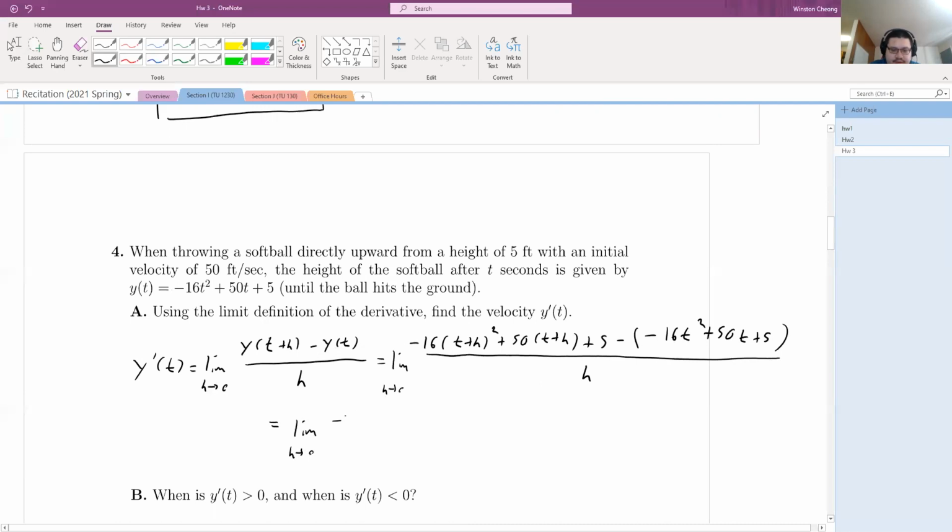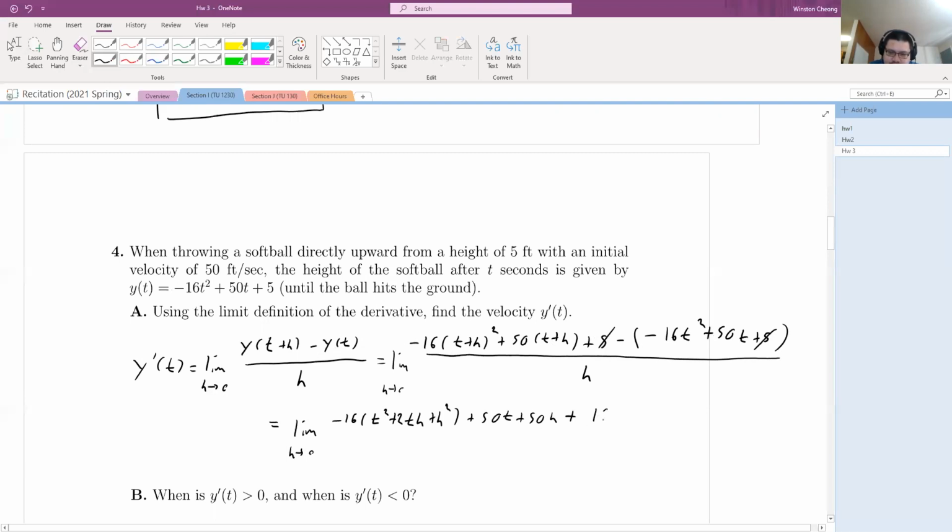We can expand that out: minus 16 t squared plus 2th plus h squared, plus 50t plus 50h. I didn't really need to expand that. Plus, well, actually, let's just cancel those. I could have also canceled the 50h, in fact.